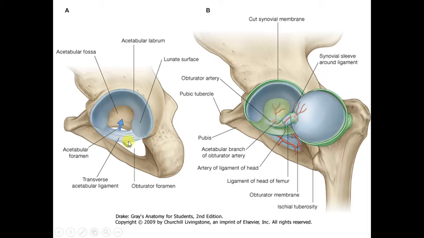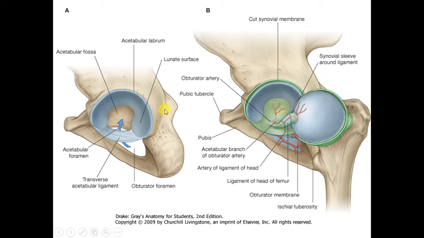You have studied the hip bone, and there is a part where all three parts of the hip bone, the ilium, pubis and ischium, come together, which is called the acetabulum.